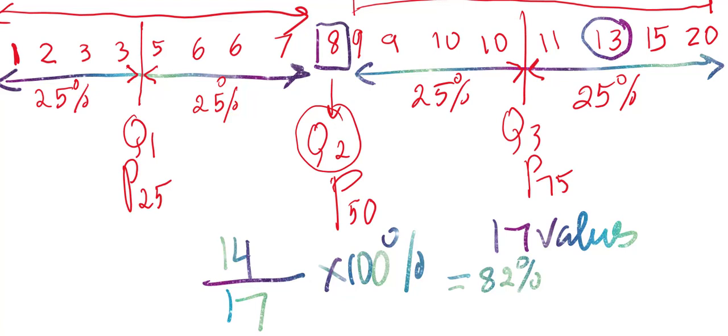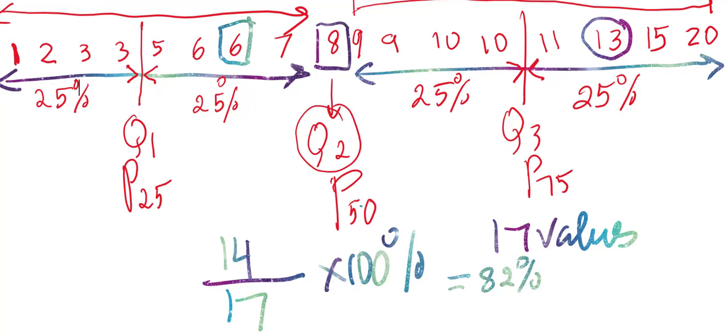Let's say I ask you to find the position of this value right here as a percentile. That should be less than the 50th percentile, because the 50th percentile is 8, which is the median. So you count how many values are below this 6 in particular: 1, 2, 3, 4, 5, 6.